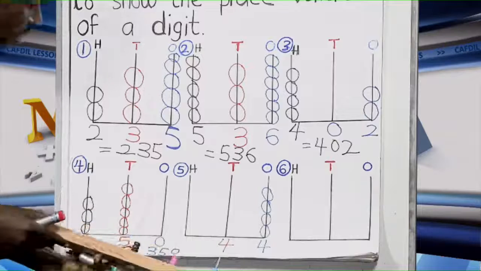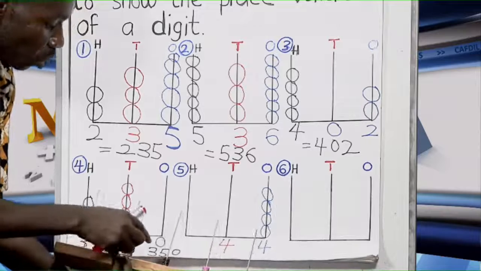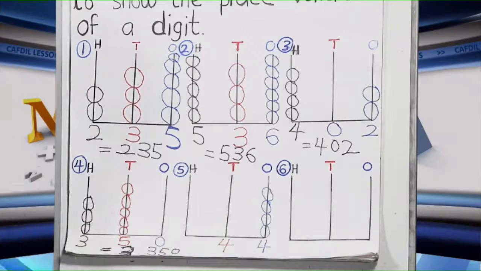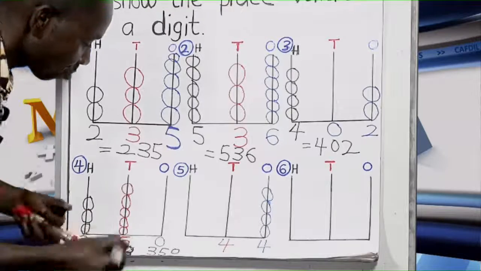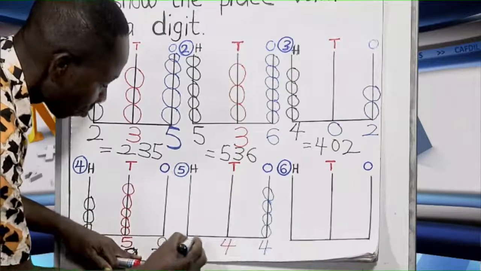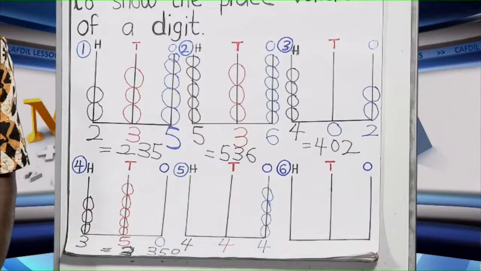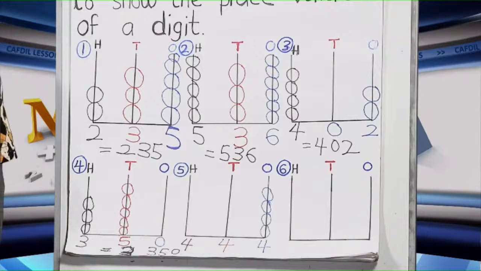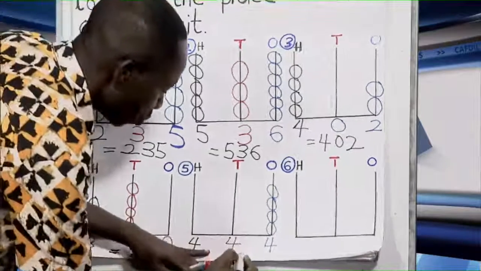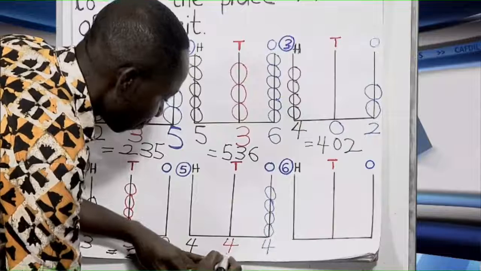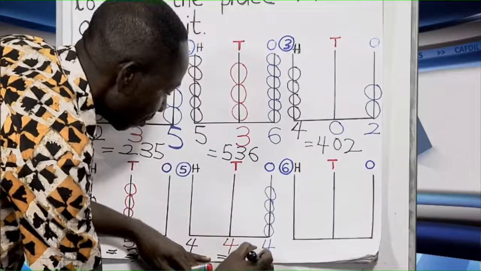And then the hundreds column, we also have 4. So in all, what are we going to have? 444. Well done.